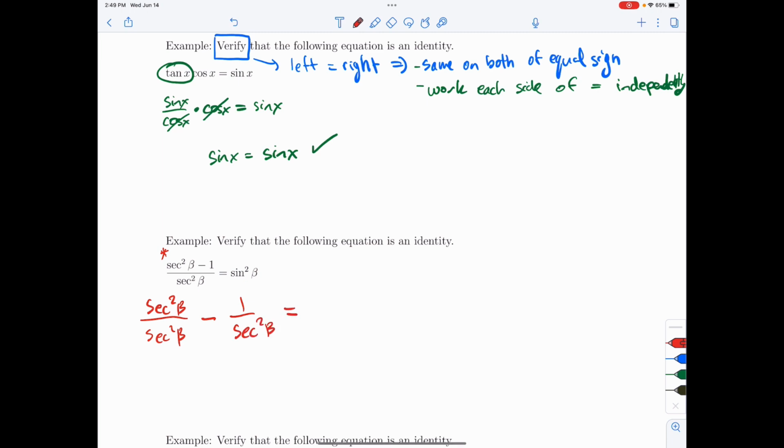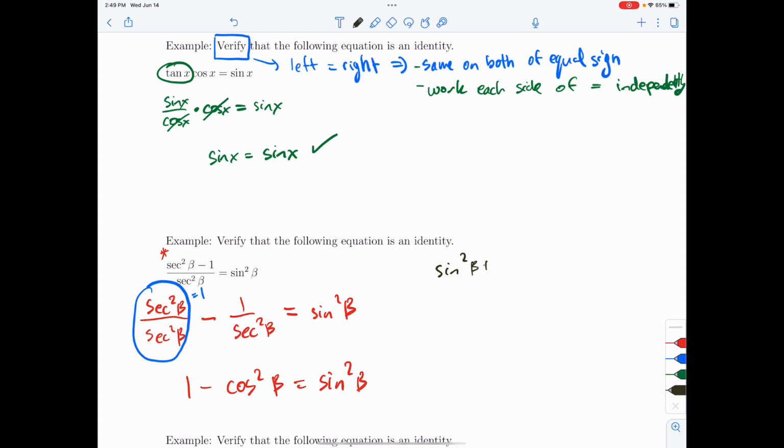And then I'm going to write that equal sign every step of the way. Okay, and now what we notice here is that this is equal to 1. And now 1 over secant squared, I'm going to rewrite as cosine squared. So this is 1 minus cosine squared of b. And we've seen this before. This looks like a version of the Pythagorean identity, right?